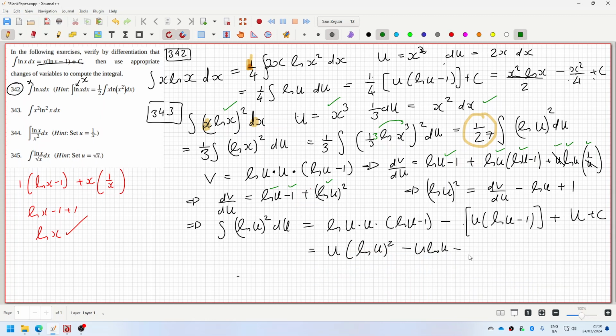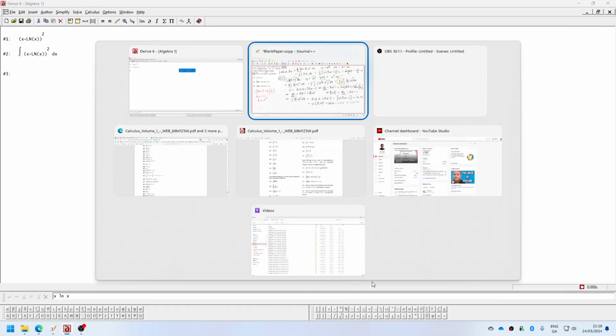Okay, so that's v. So that would be u log u squared minus u log u minus u log u plus 2u plus c. So that's kind of better.